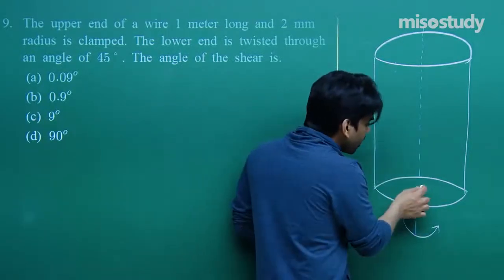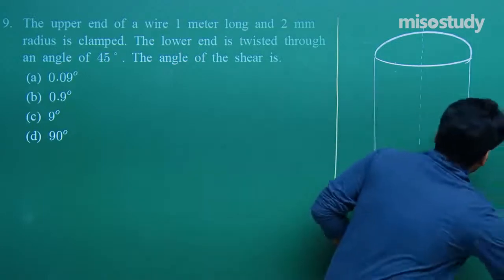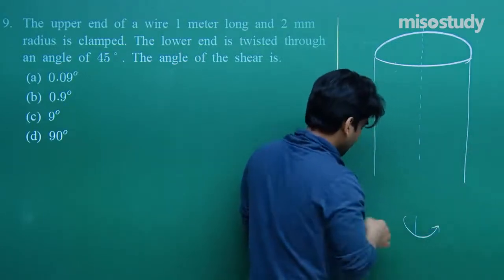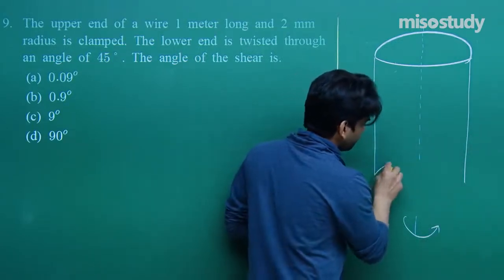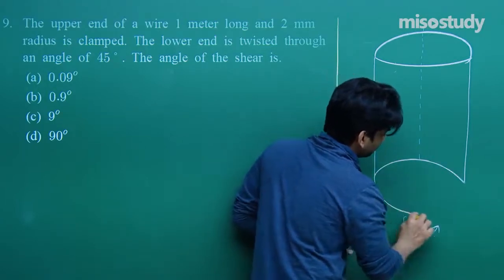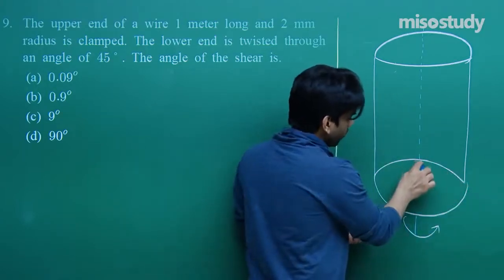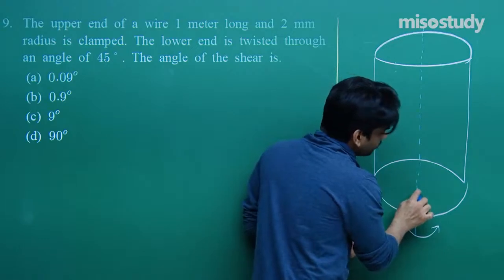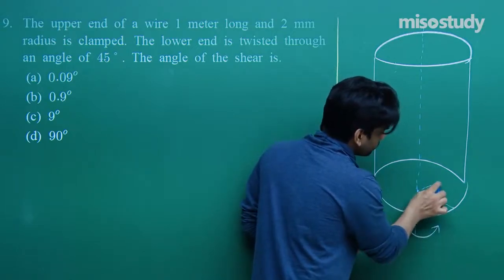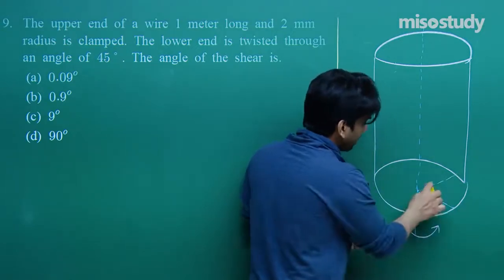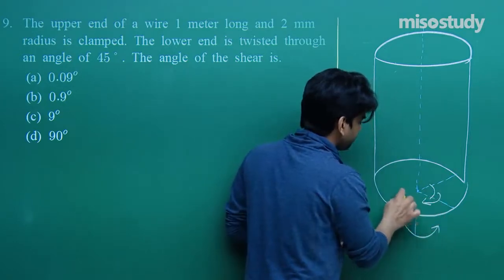So if I show you the twist with some clarity, try to observe, try to understand. When we have twisted, this is given as 45 degree.